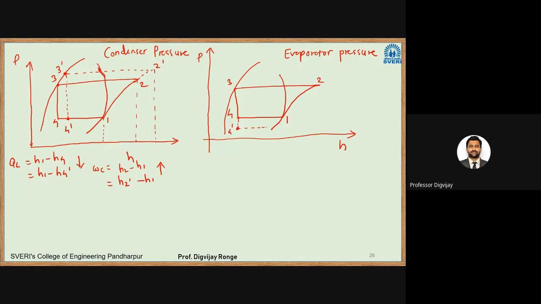So it will go in this direction. So this will be my 1 dash. Okay. So in this case, what is happening? If you see refrigeration capacity, first it was H1 minus H4. Now it is H1 dash minus H4 dash. By looking at the diagram, you can easily say that refrigeration capacity is being reduced.